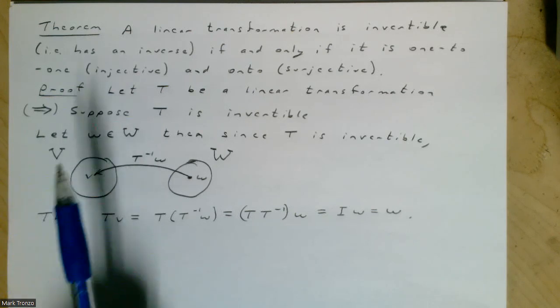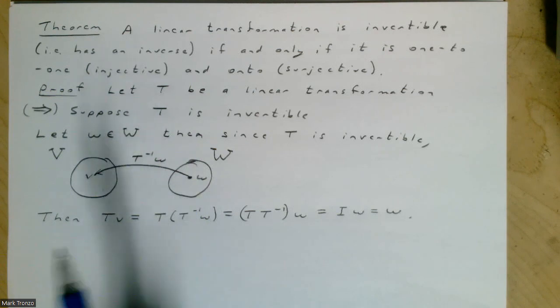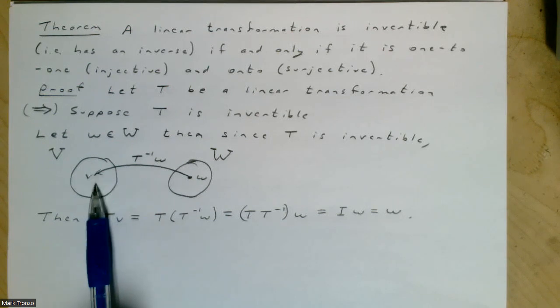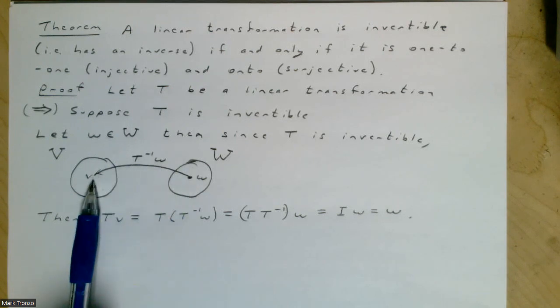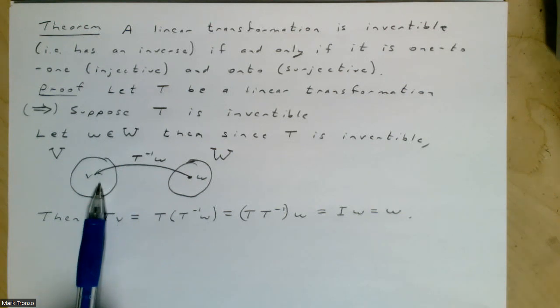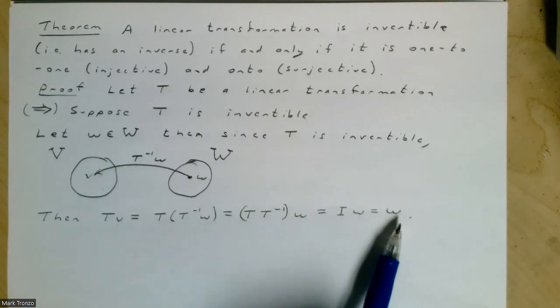We picked just any arbitrary vector in W and then showed that you can produce it by finding something in V. There's something in V that will produce that. Because we took this back to the V that it would map to in the inverse, then take this and go along and you get that W.